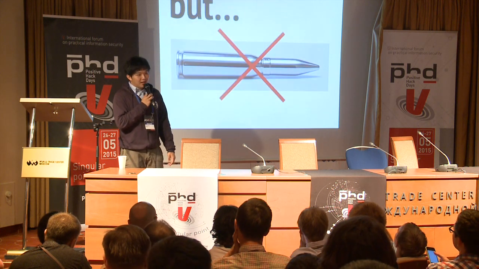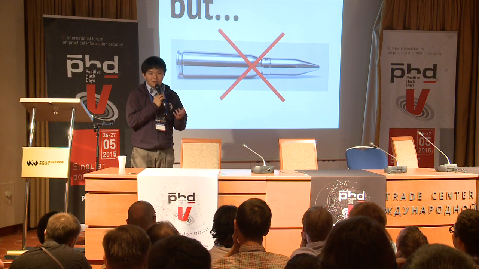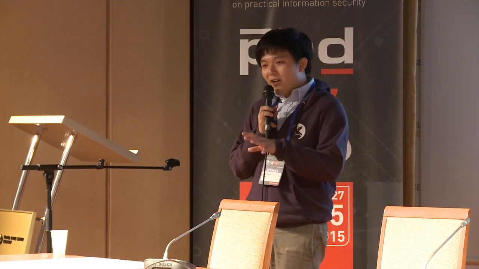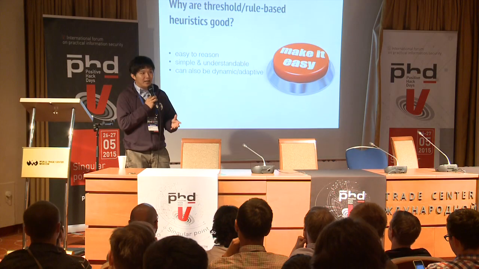So ML-based anomaly detection is not a silver bullet. It doesn't solve all problems magically, as a lot of people think, and we'll see why. So why are rule-based heuristics good in comparison to ML-based techniques? For one, they're easy to reason about. If an anomaly is detected with a rule-based anomaly detector, you can very easily see why it was flagged by just looking through the rules and seeing how this piece of traffic triggered any of those rules.